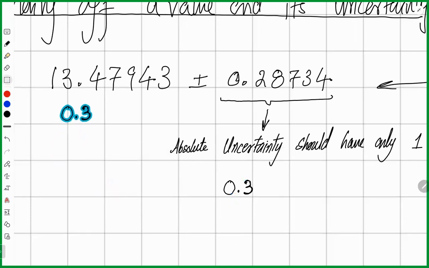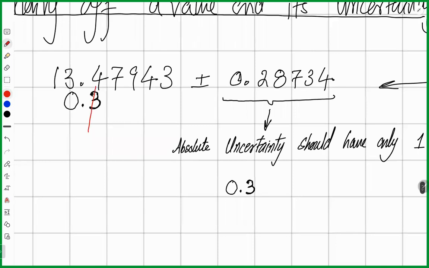In your mind, not practically over there, just put this decimal under the decimal and see what number corresponds with the only one significant figure in your uncertainty. Which number is against the single significant figure? You will find that it is 4. So this is where you have to round off the quantity.